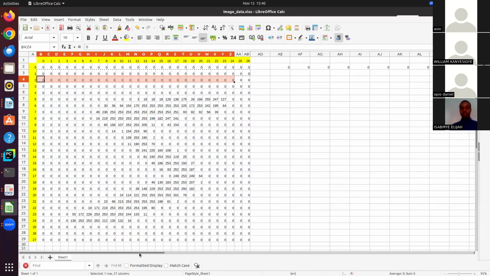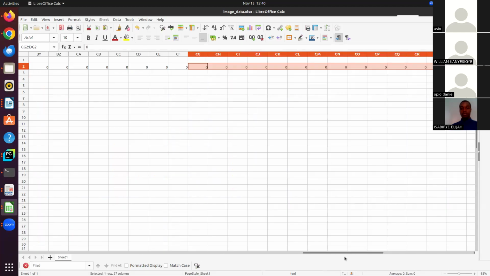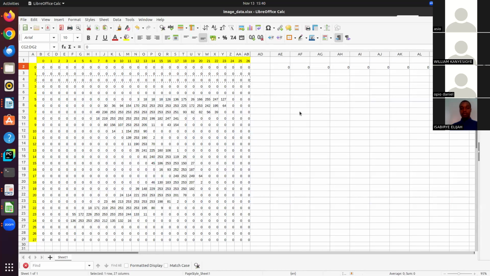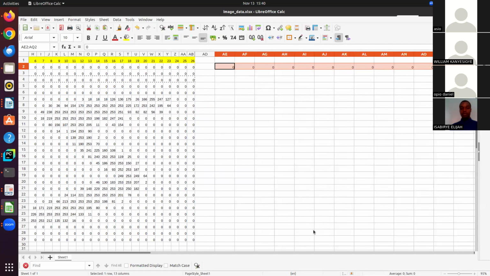At the beginning, they are all zeros, but it's only for this number. Some other numbers, maybe somebody wrote it from the very top. And that's why you continue taking every row in this picture and making one long row. So if you have 28 rows and 28 columns, you'll end up with one long row with 784.